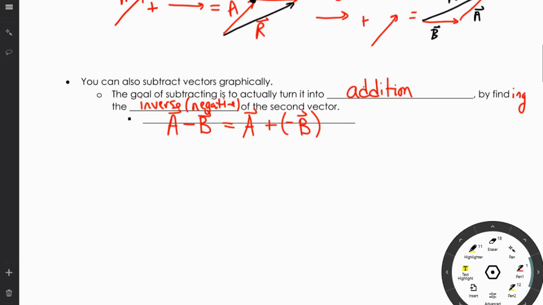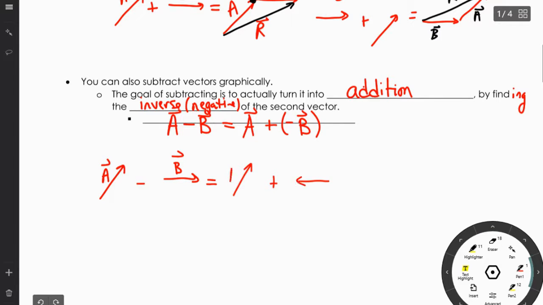Okay, so if I have my same vectors, here's A. I'm going to do A minus B. So what I'm going to really turn this into is, sorry, like my letters, A plus negative B. So I'm going to flip B, and now I can add it graphically.